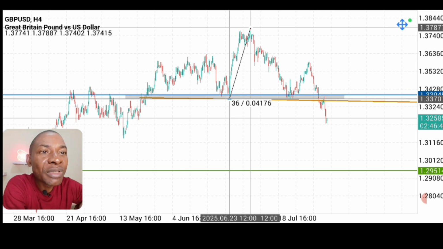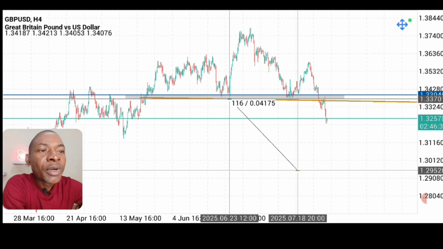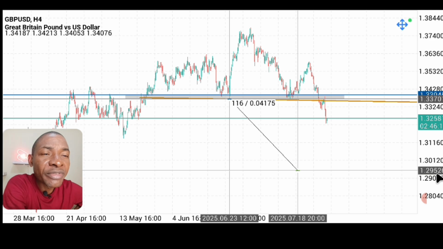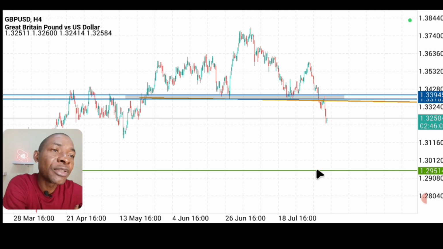So you can see this is 417 pips from the neck region, and that price will be at the 1.295 price level. That would be the target. That was why I marked out this area as my target on this very chart. So we are having a confirmed bearish reversal on the GBP/USD.